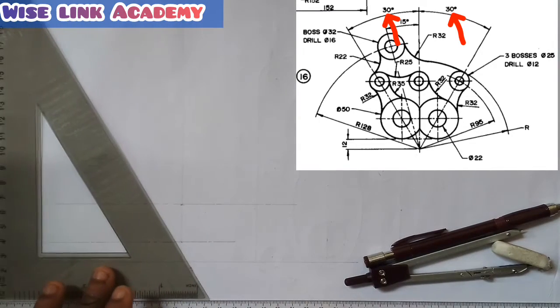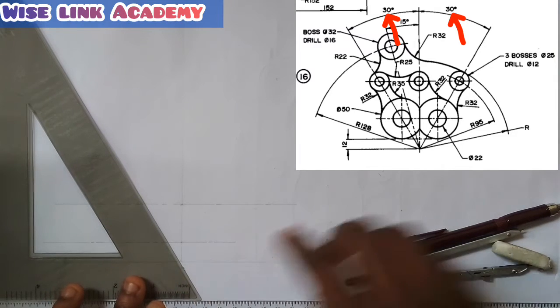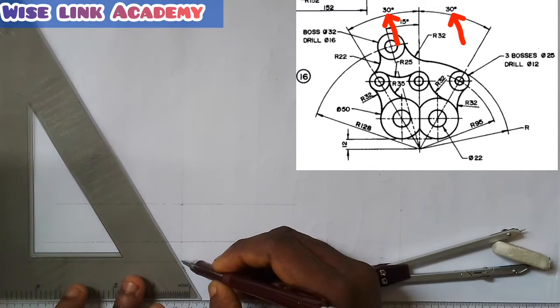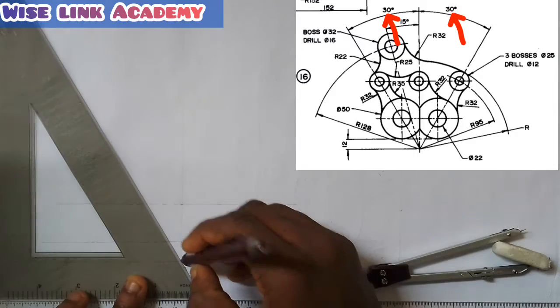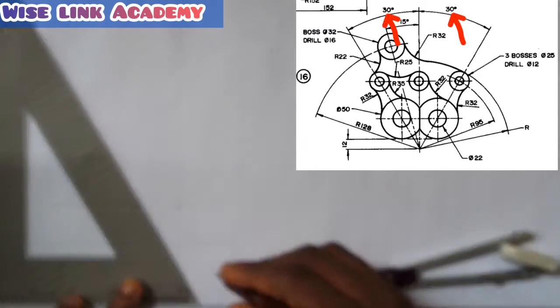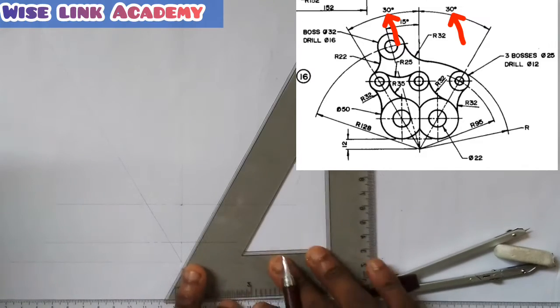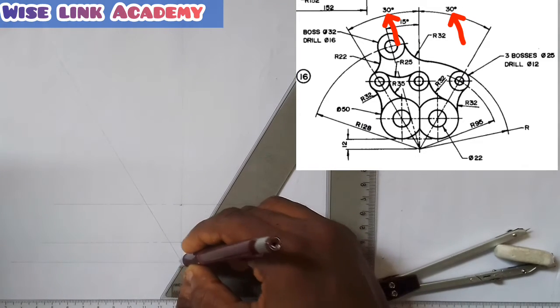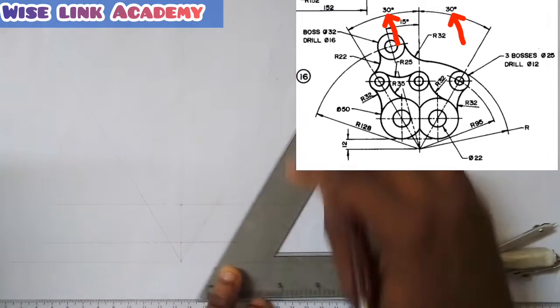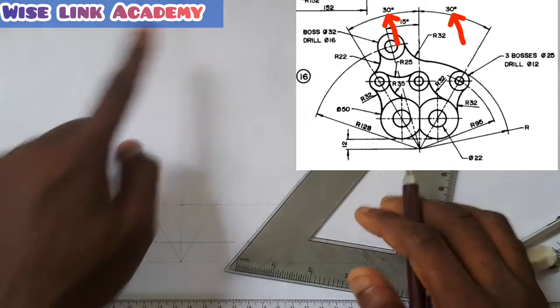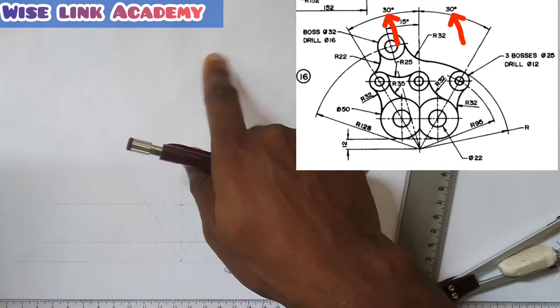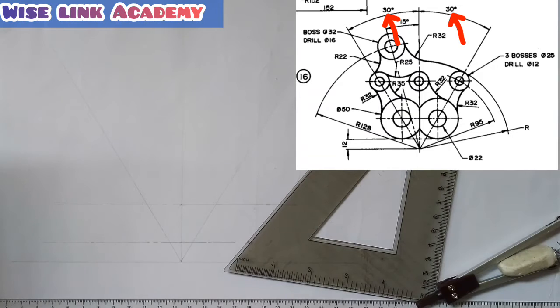I'll take this span this way, and at this point here draw this 30, right? Take it this way backward. I have another 30 this way. So from here to here is 30, and from here to here is 30, right?